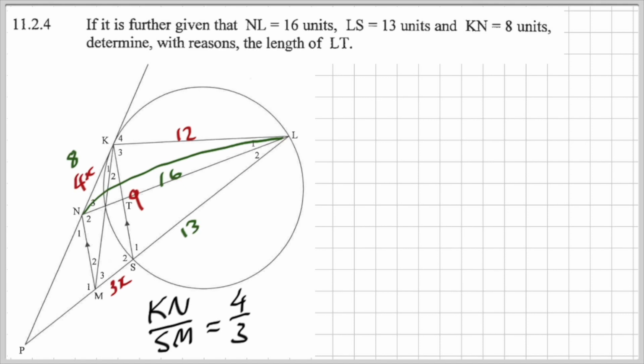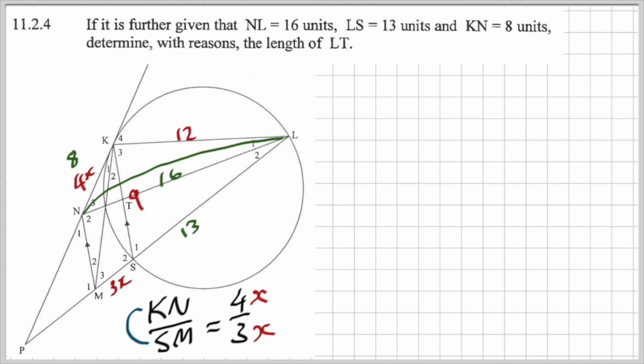But that doesn't mean that KN is 4 units long. It actually just says that's the ratio that exists between KN and SM. So for me to get actual values, I need to bring in a variable, 4x and 3x.